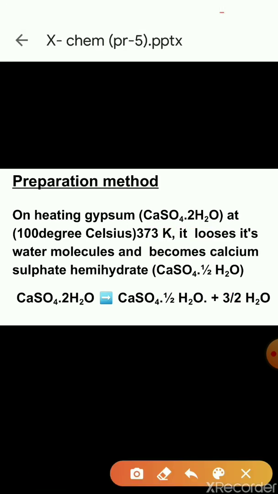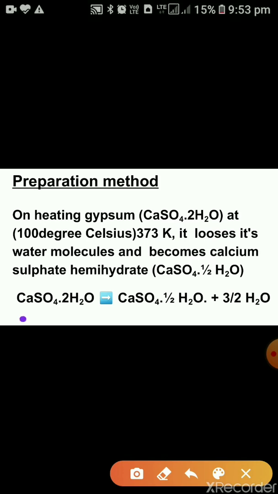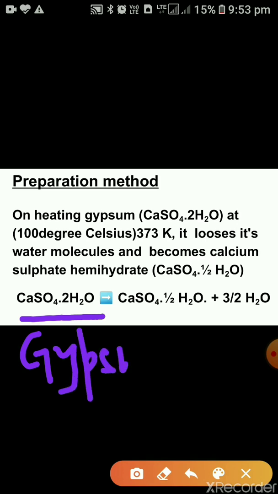So the chemical reaction involved is CaSO4 dot 2H2O, that is gypsum. We are heating it.